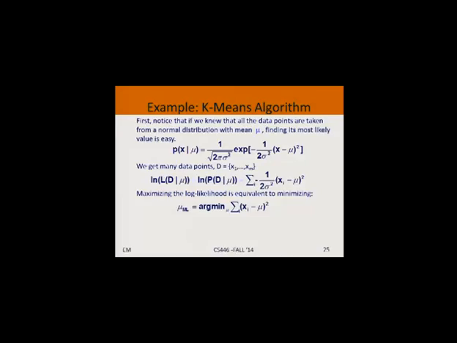If you compute the derivative with respect to this, you can see that you get a linear sum here. And if you do a little bit of algebra and solve for mu, you're going to get the average of the xi's, the sum divided by the number of points m.